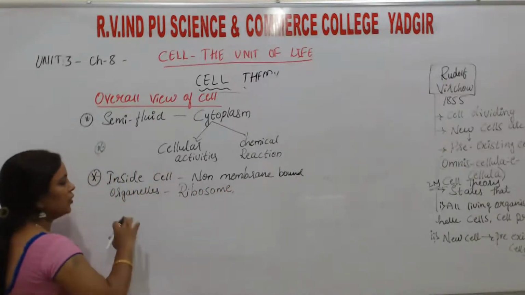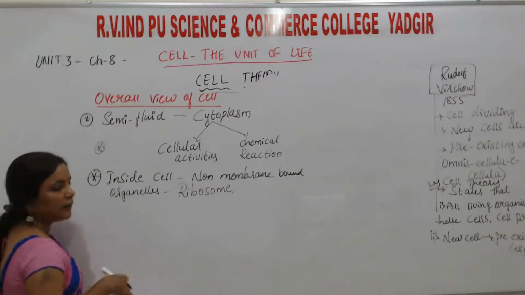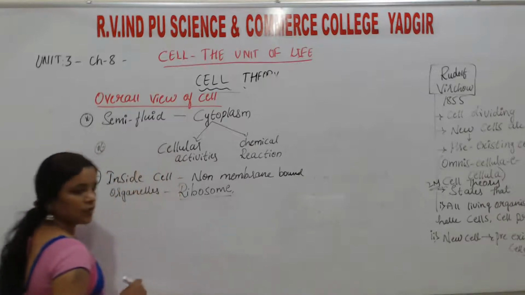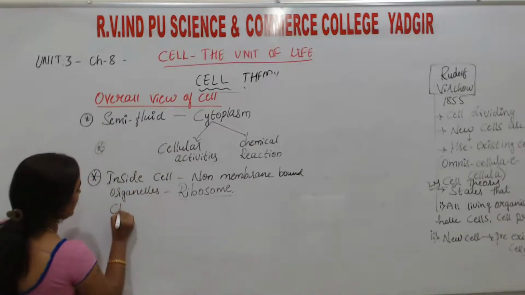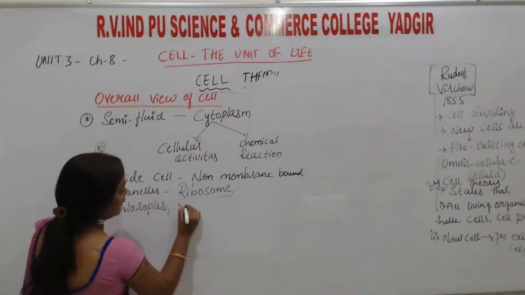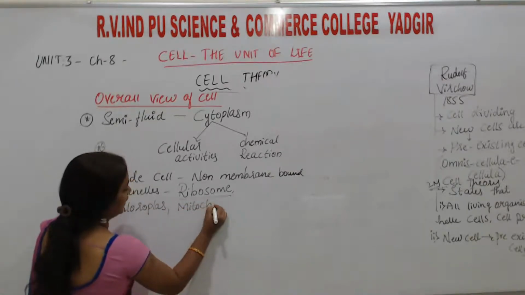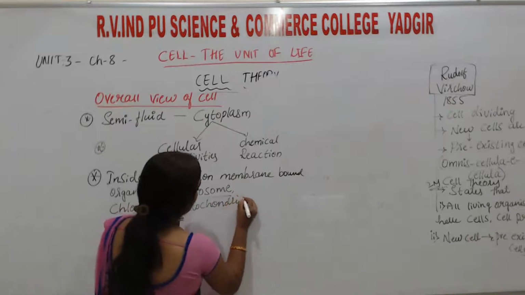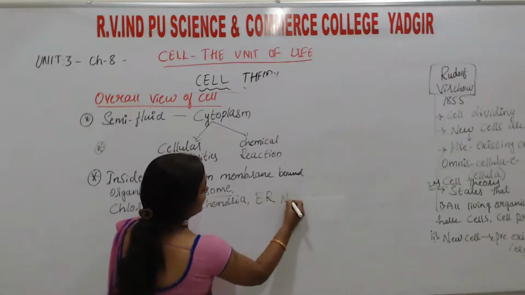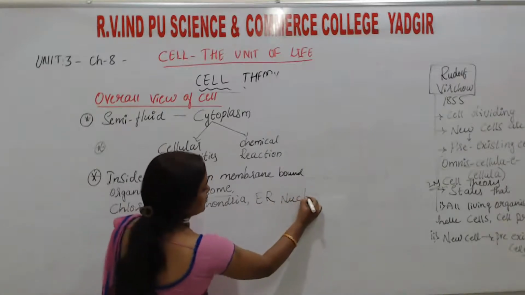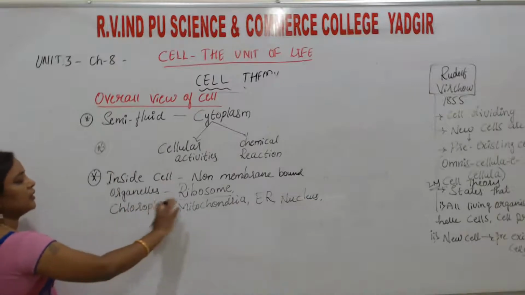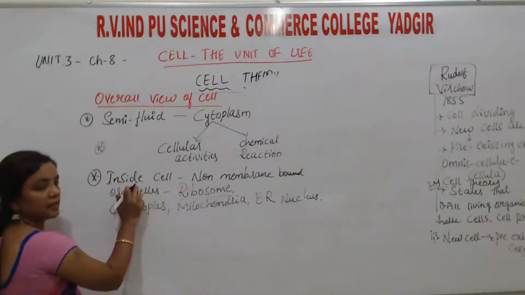Ribosome is a non-membrane bound organelle. Not only ribosome, we have chloroplast, then mitochondria, endoplasmic reticulum, nucleus, etc. So different organelles are present inside the cell.